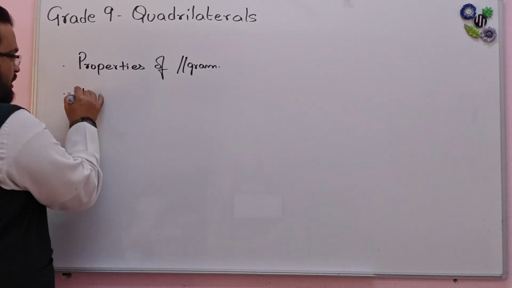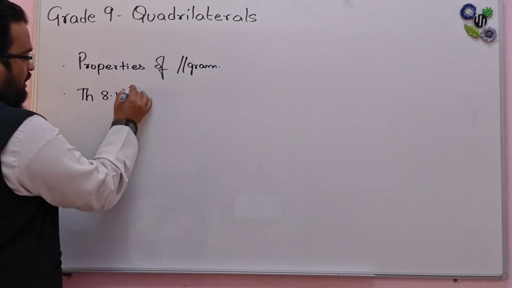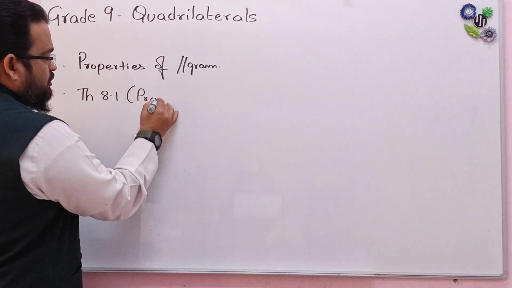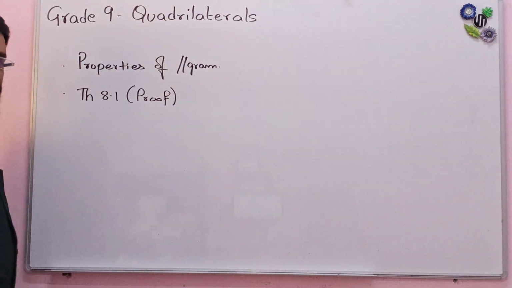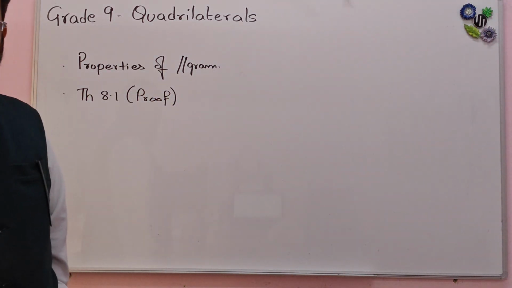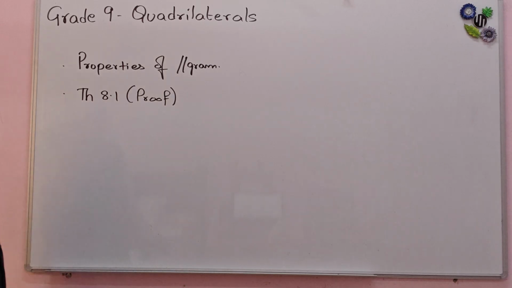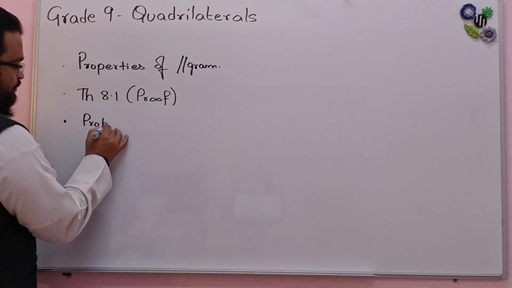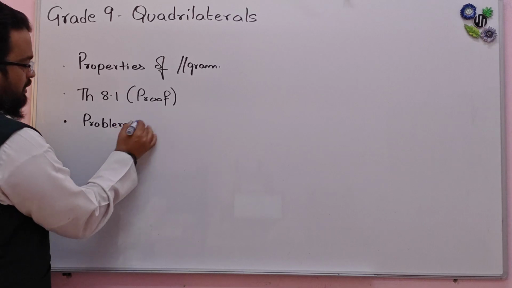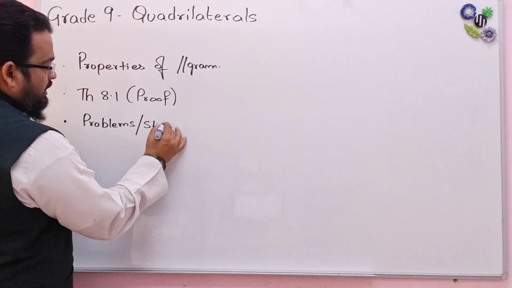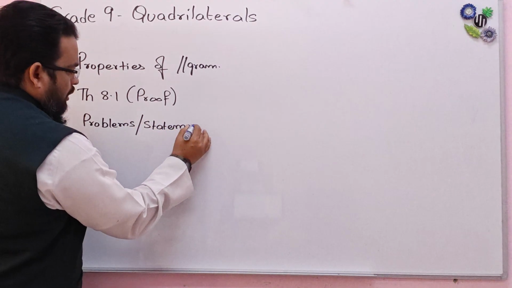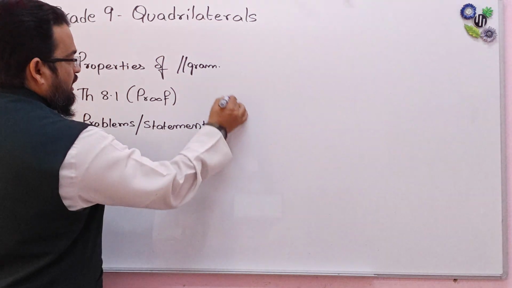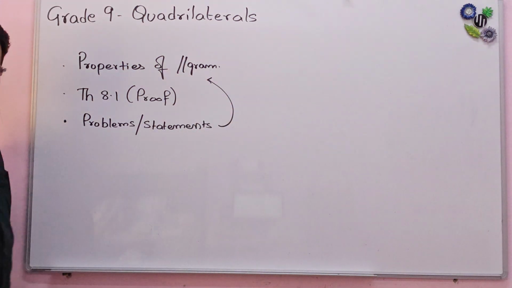There is one theorem 8.1, and we are going to study it along with the proof. And after that we are going to see problems or statements related to properties of parallelograms.